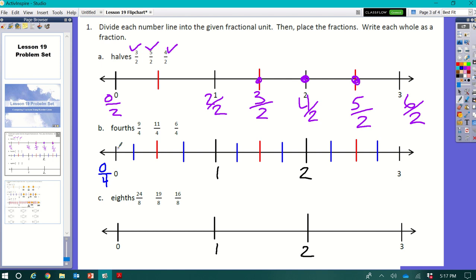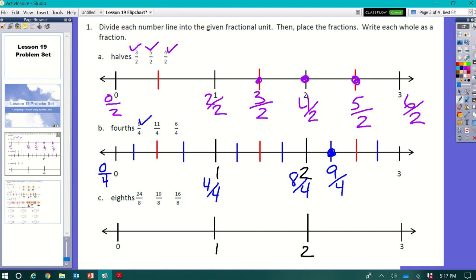So from 0/4, you've got 1/4, 2/4, 3/4, 4/4 at the whole number, 5/4, 6/4, 7/4, 8/4, 9/4. So I'm going to draw my circle and label it 9/4 and go back right here. The whole number 2 was 8/4.